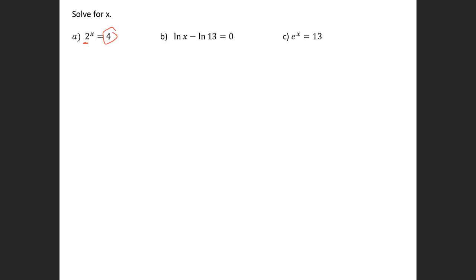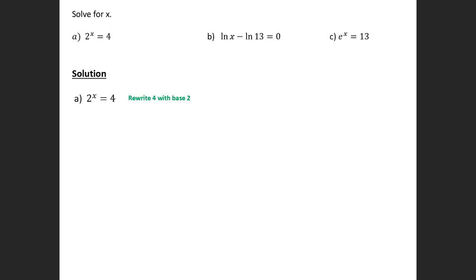And if it can, then I'm going to use the one-to-one property. So here we're going to rewrite 4 as 2 squared, right? Since they have the same base of 2, the one-to-one property tells me that I can set the exponents equal to each other. So my exponent of x is going to be equal to my exponent of 2.